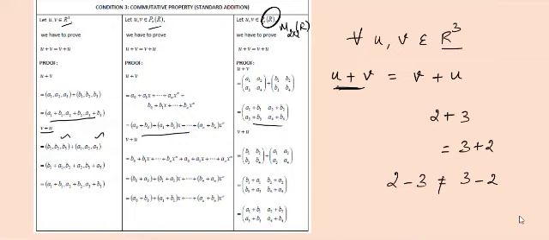So under standard addition, under all the domains, if the addition is standard, the commutative property will be satisfied, whatever may be the domains. The thing is very simple. These additions were clearly explained in the first condition itself.